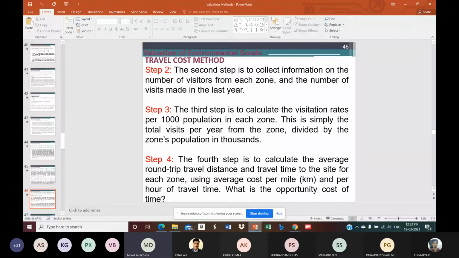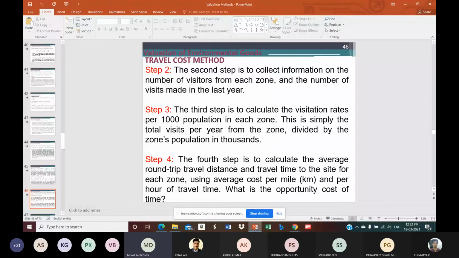In the third stage, there is a concept called visitation rate. That concept is defined to calculate the visitation rates per 1,000 population in each zone. So this is nothing but the total visits per year from the zone divided by the total population, in thousands, of the zone.